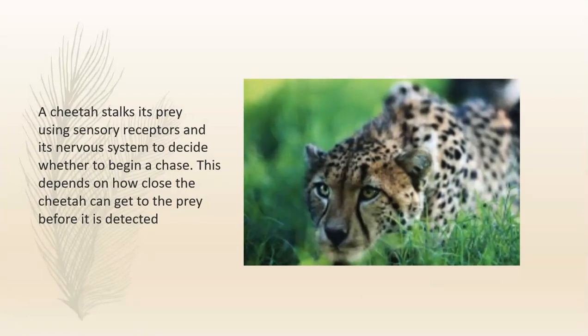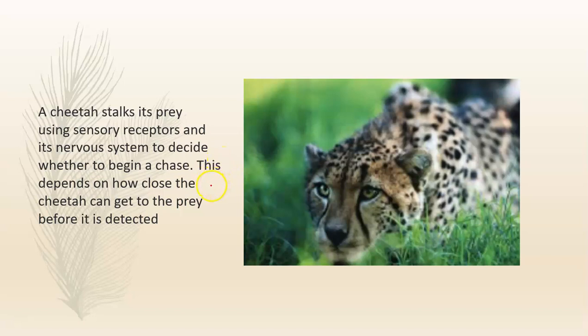A cheetah stalks its prey using sensory receptors and its nervous system to decide whether to begin a chase. So it is the nervous system that decides how to start to grab the prey.